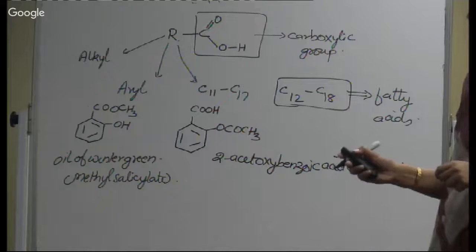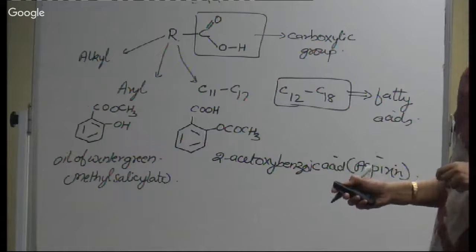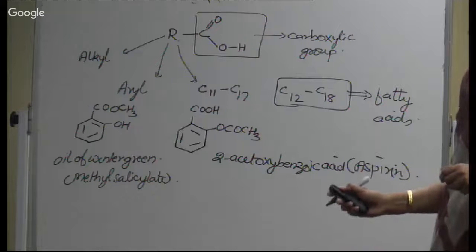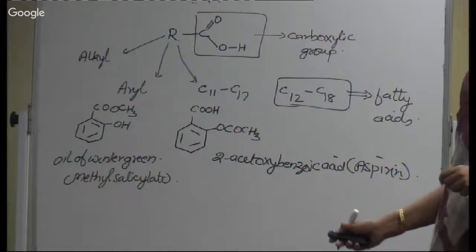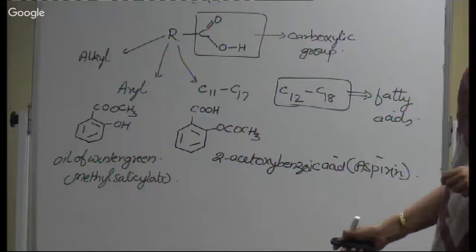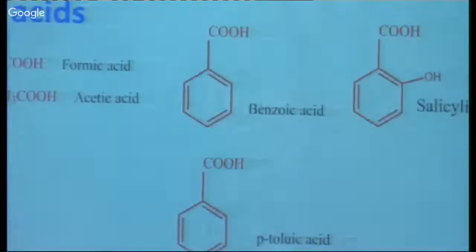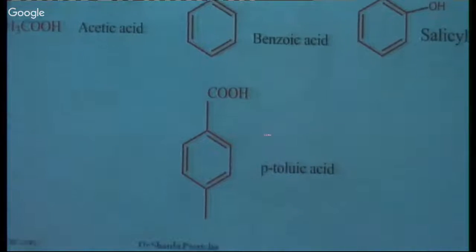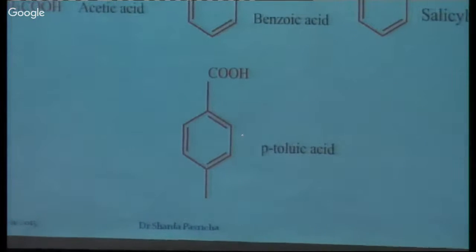And in this compound, a methyl group attached to a benzene ring is toluene. So this compound is para-toluic acid. From toluene, toluic acid. So these are some of the commonly occurring carboxylic acids, and I have given you some of their applications in our daily life.